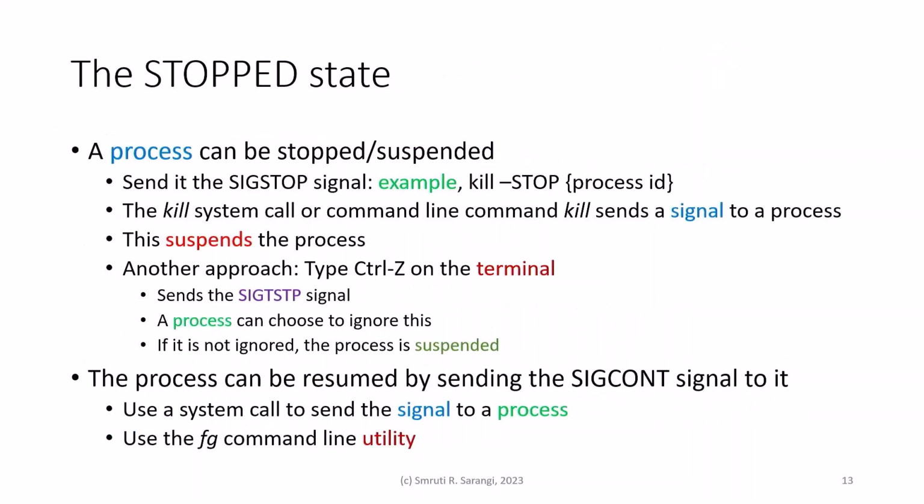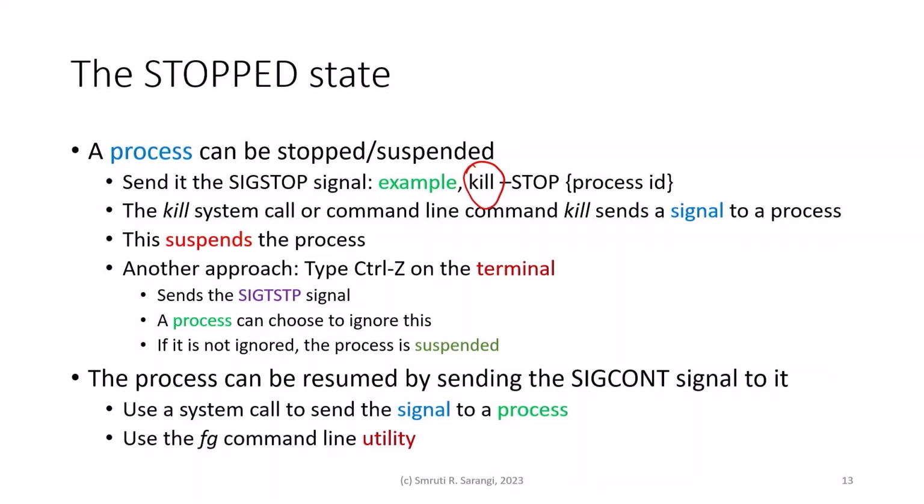So the stopped state, as we have said, is very interesting. It is there to pause a process, and you can do that from the command line itself if you have the permissions. So let us look at the kill command. Kill is both a command and a system call. They do the same thing, which is to send a signal to a process.